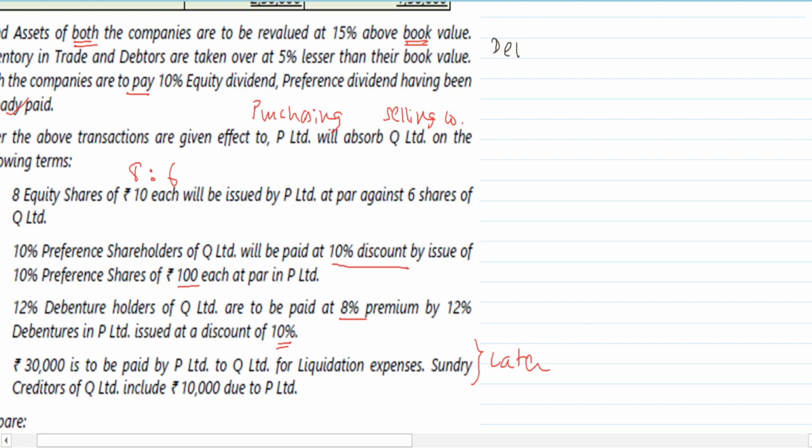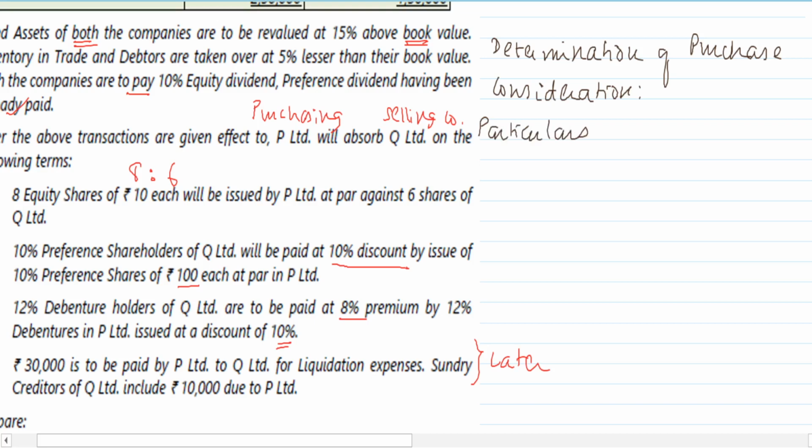So we say determination of purchase consideration. Particulars, amount.